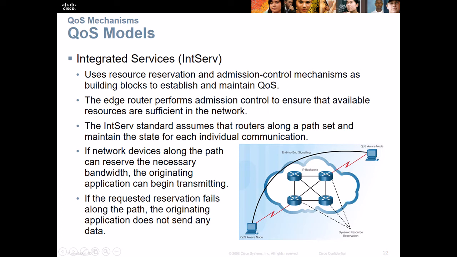So that's what the integrated services really do: they open up the lane from the source to the destination, going through many different cities, that no one can use till that person goes through, right? So it's nice for that person because he notices no delay whatsoever. Everybody else, they're going to have a tough day, right?